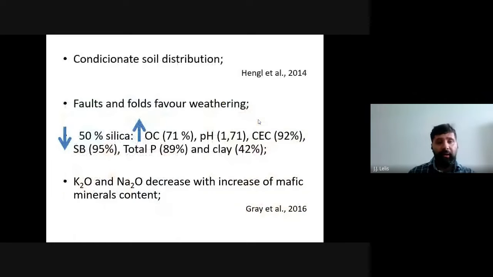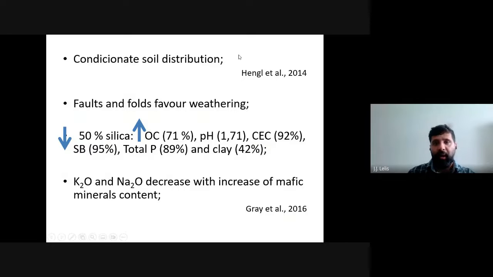And here I have to present some information that's quite important to you. The parent material conditions the soil distribution on the surface of Earth.